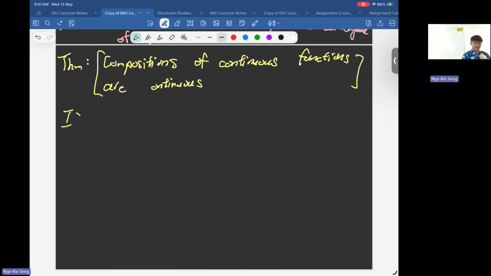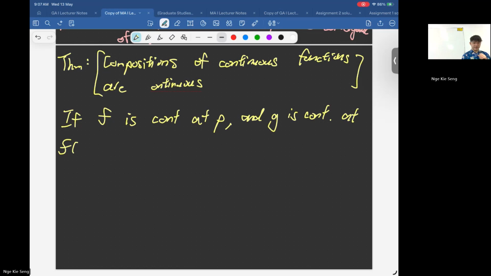Meaning, if f is continuous at p and g is continuous at f(p), then the composition g compose f is continuous at p. So what is g compose f?